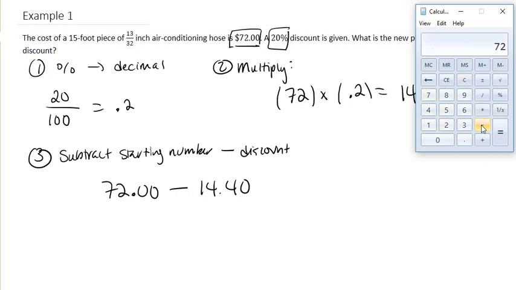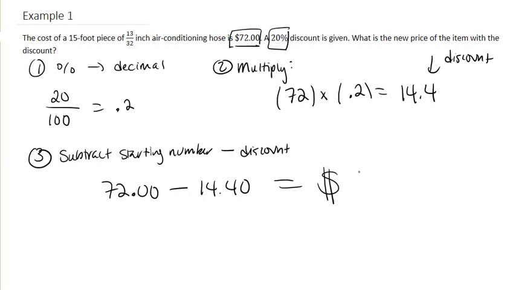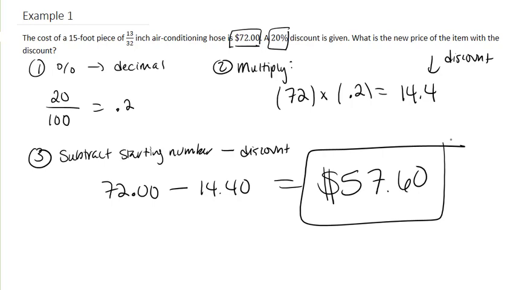So we have 72 minus 14.4, which is then $57.60. And this would be our new price for the hose. So let's go ahead and do another example.